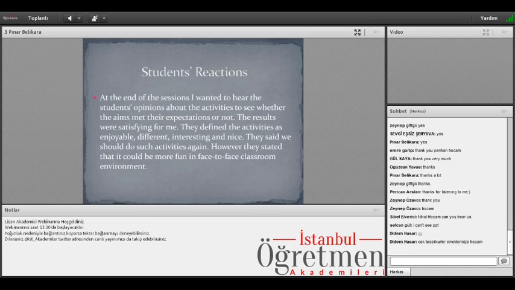They said it was really different and nice, and they said they would like to do such exercises again, but they prefer face-to-face classroom. They stated that also. But in the end, my aims and the students' expectations meet each other. So I'm glad.